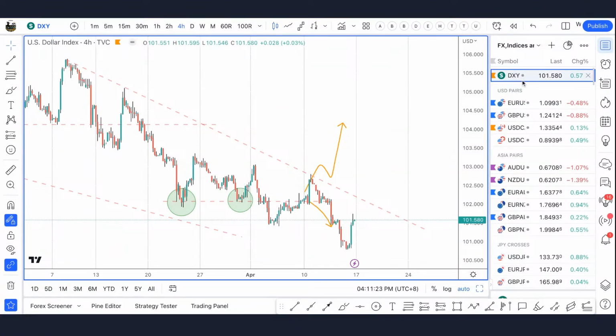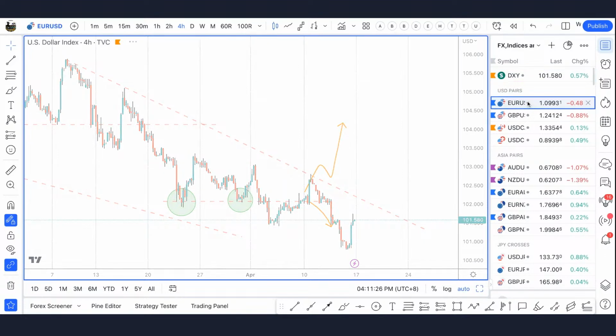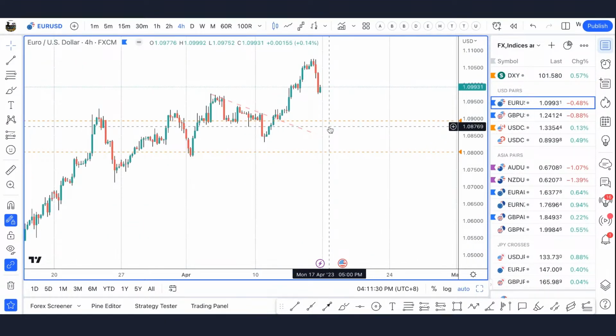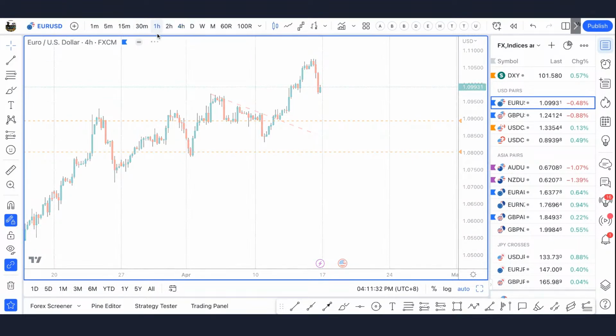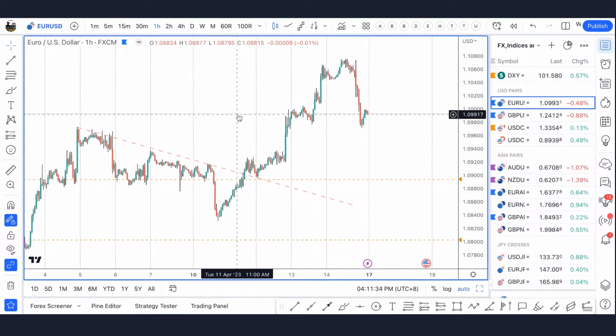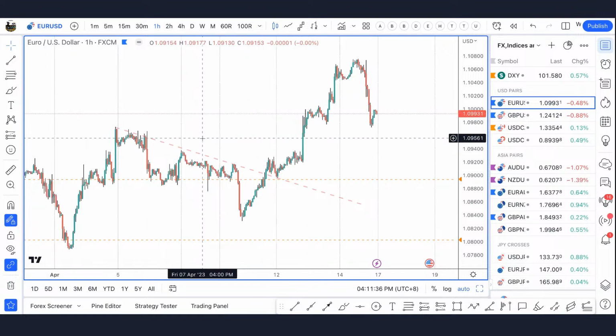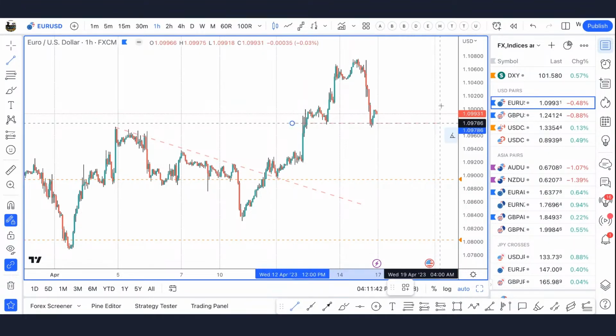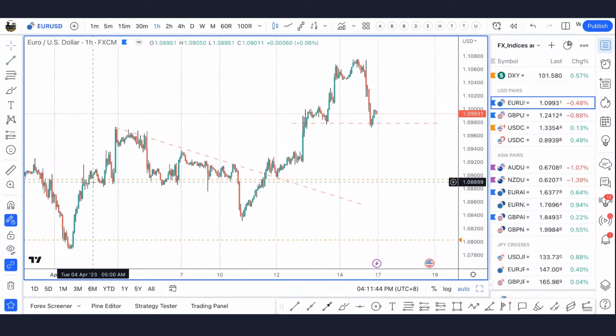Okay, so that's on the US dollar. And then Euro USD, actually on the 1 hourly, you do get something similar to what happened last Monday. Last Monday we had a similar thing, like a head and shoulders over here.